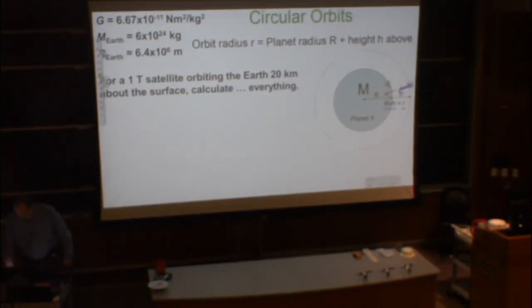We just have to write down that the mass of the satellite times centripetal acceleration should be equal to the force, which is this. And again, as we've seen before many times, the mass of the satellite doesn't matter because it gets canceled. And centripetal acceleration equals speed squared divided by the radius of the circle, not the radius of the Earth.